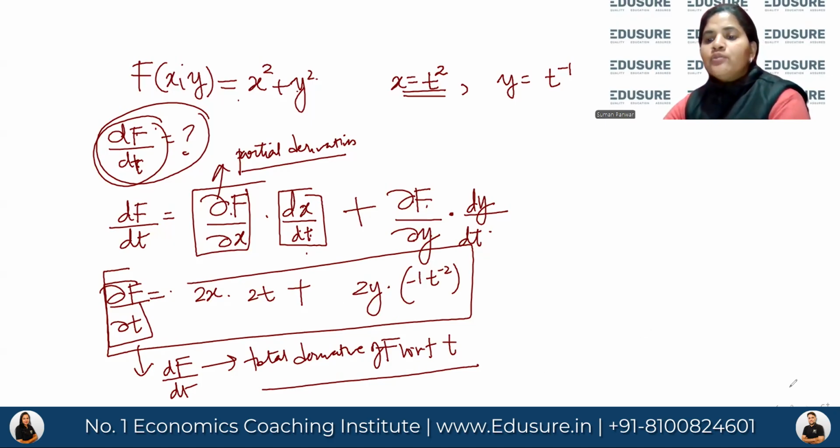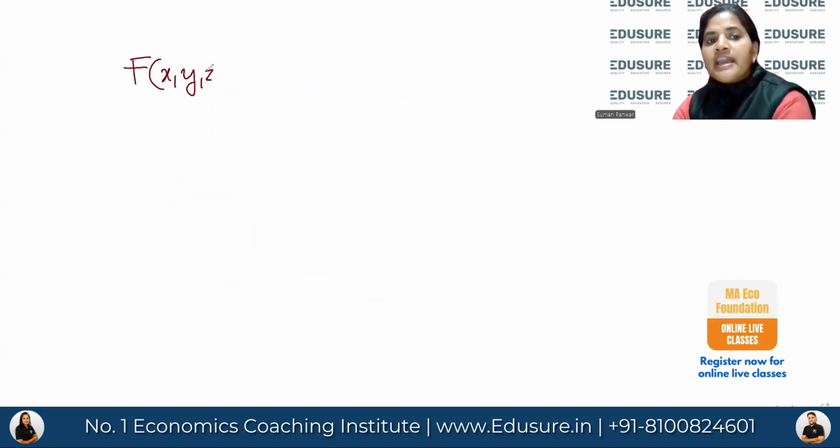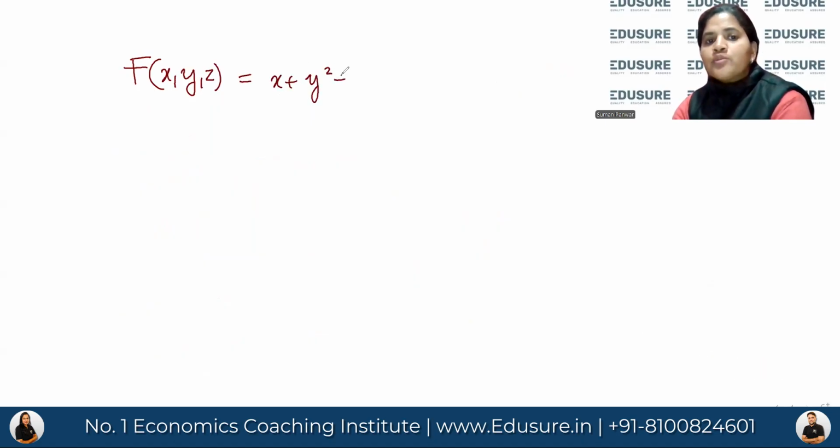Okay, let us try to look at a function with three variables. So for example, I have a function with three variables f of x, y, z, and suppose this is x plus y square plus z cube, where x is equal to t square, y is equal to t and z is equal to t power minus 2.